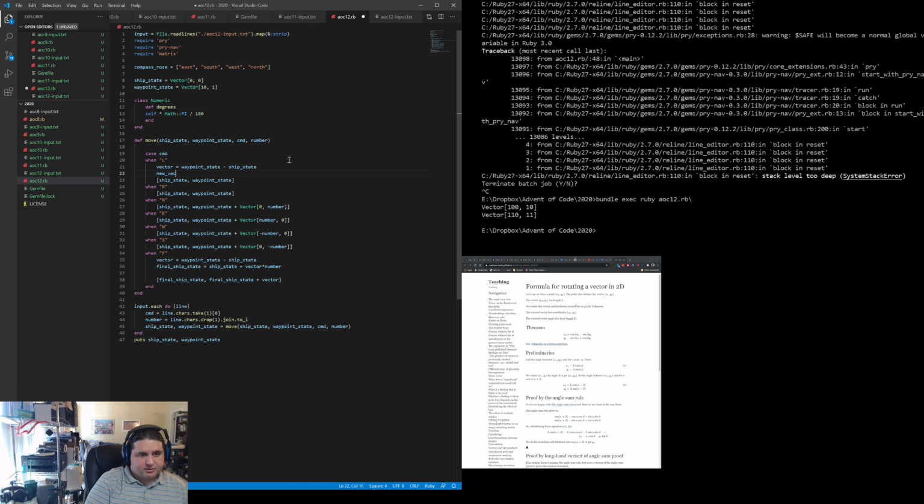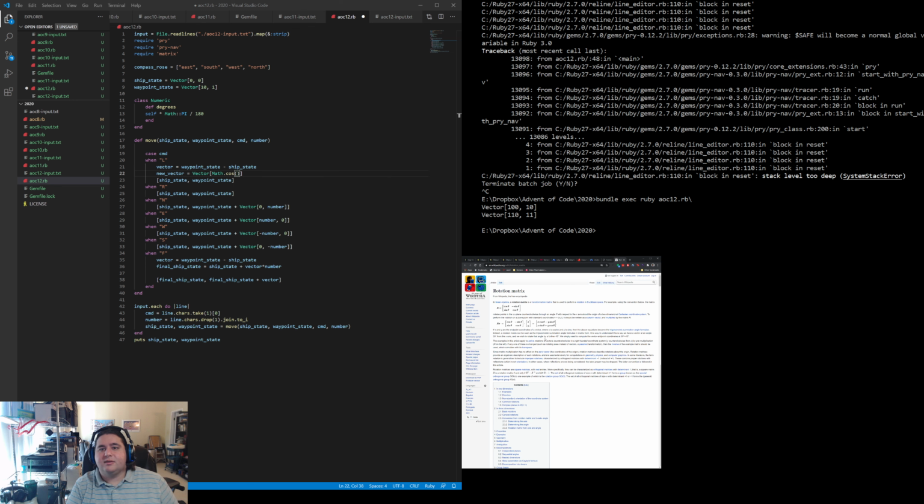New vector, we're going left, so this is a vector with an x-coordinate of math.cosine of beta, see Wikipedia on rotation matrices. This is probably helpful to glance at. Yeah, right, so it's cosine, sine, that particular matrix.